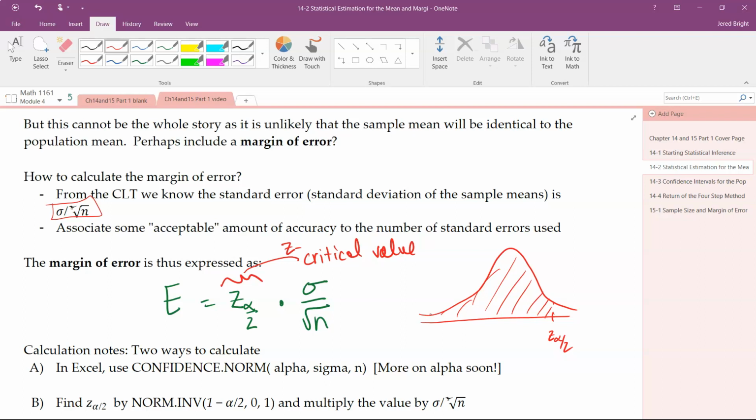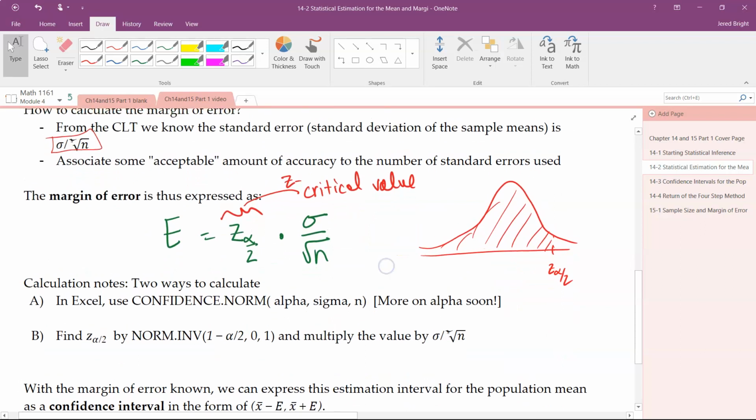Our main concern though is how do we get the margin of error? How do we get the Z critical value? Because sigma over square root of n, we've been doing that for a whole chapter. So to obtain the margin of error, you can use CONFIDENCE.NORM.